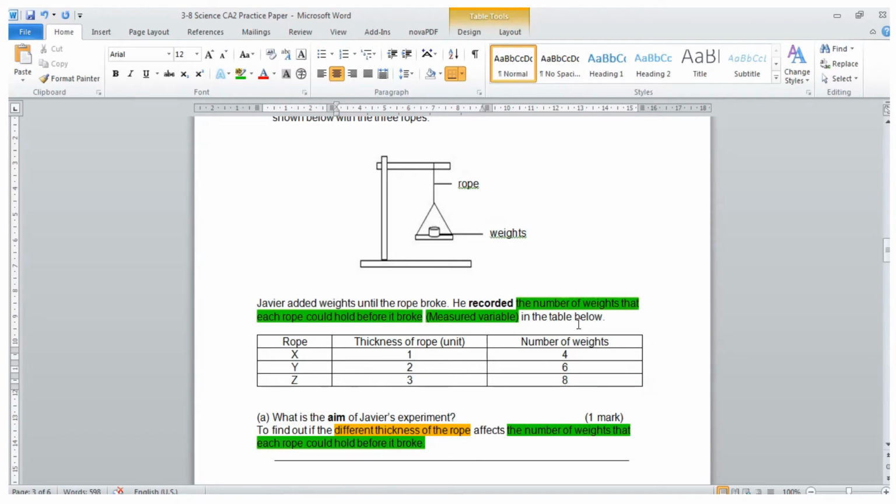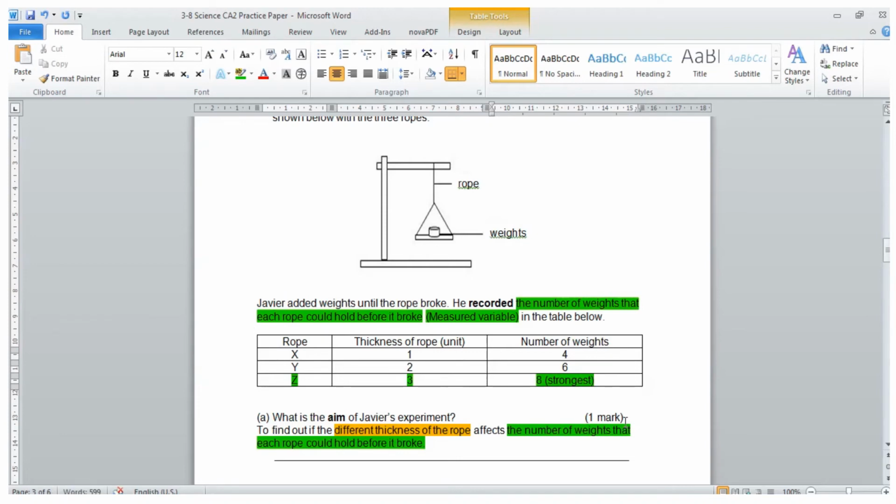If I need a lot of weights just to break a rope, that would mean that my rope is strong, because I need a lot of weight to break it apart. So here, that would mean that Z, which requires 8 weights, is the strongest. Very good.